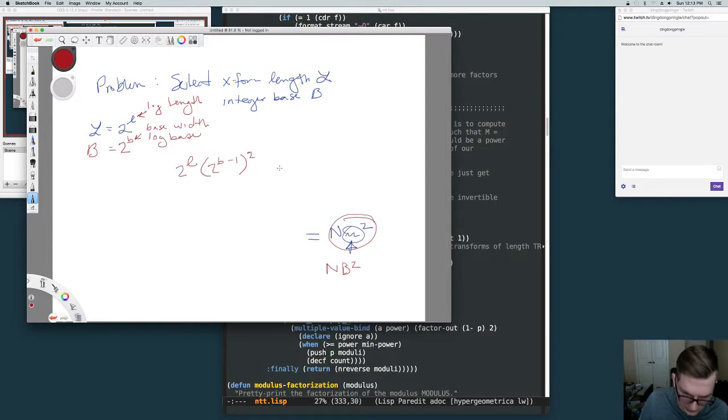2 to the b minus 1 squared. Sorry, no, that's not right. Where is it? 2 to the b minus 1 squared. This actually should be b minus 1. If you choose b, it's right.